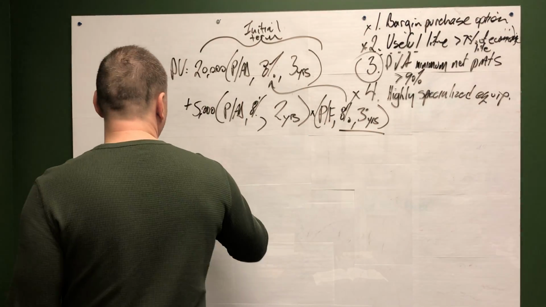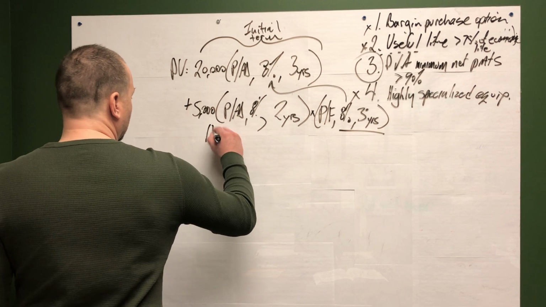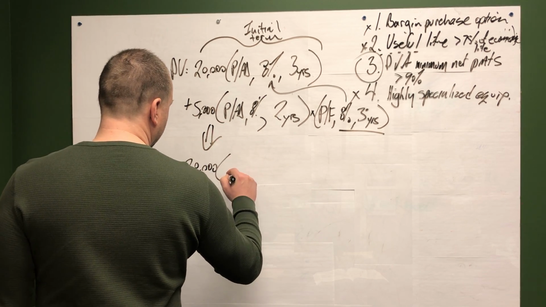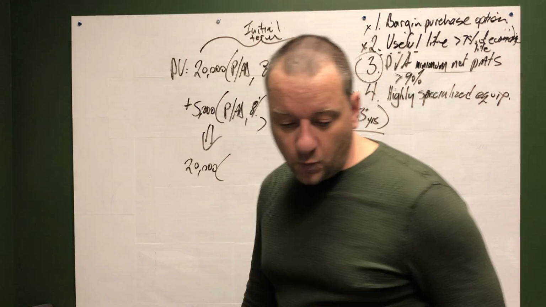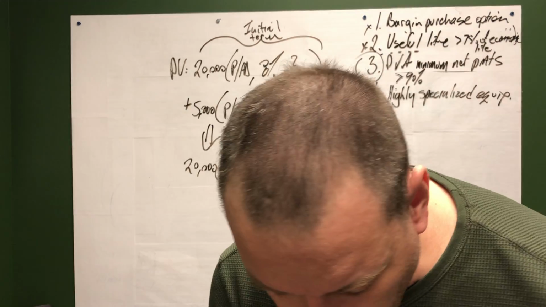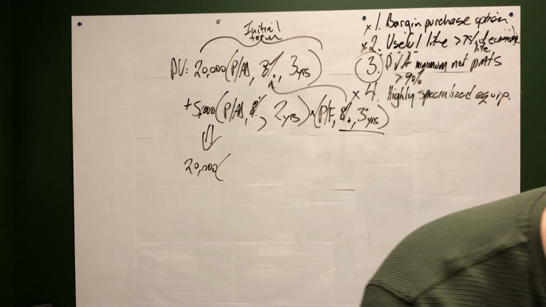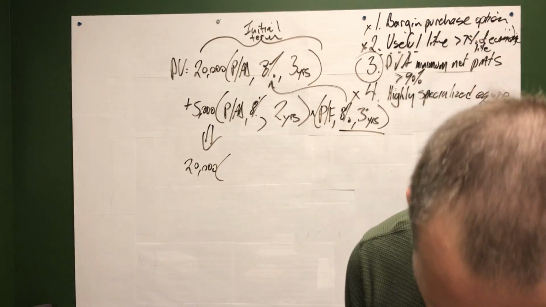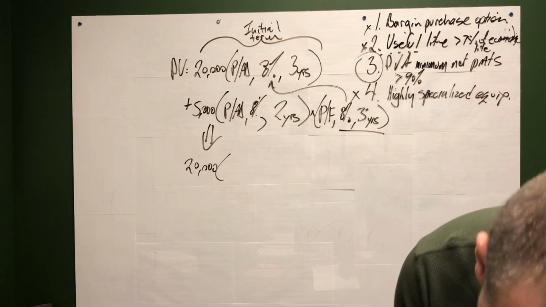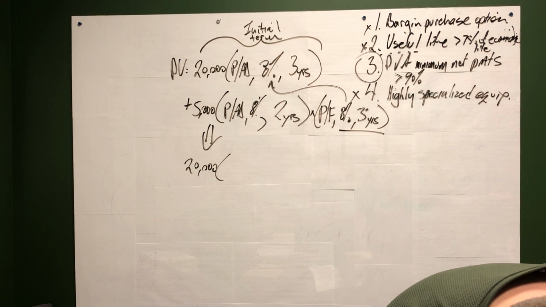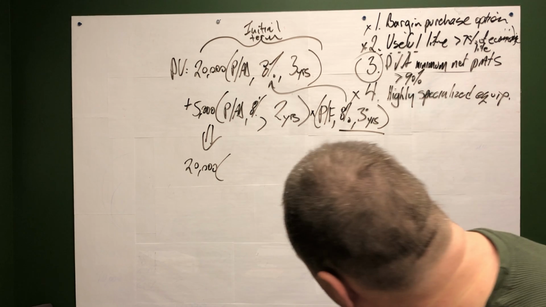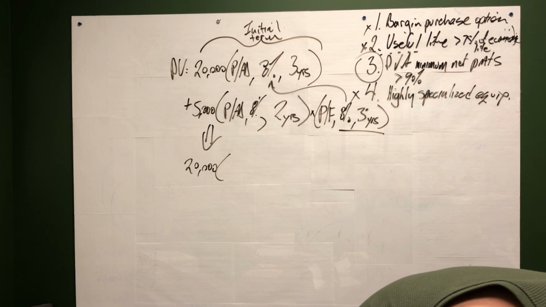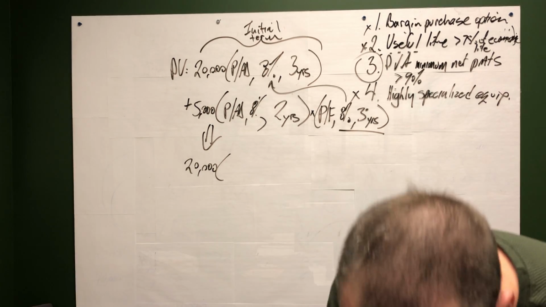From here we'll go 20,000 times what? Well, you got to go back to your present value tables. For the first 3 payments, we're going to use 3 years at 8%, which is going to give us 2.78326.